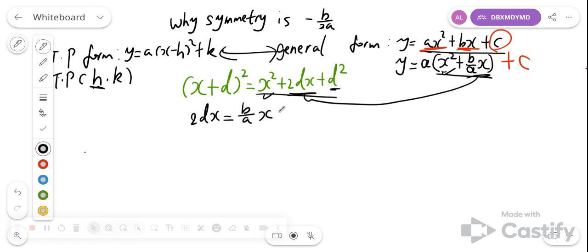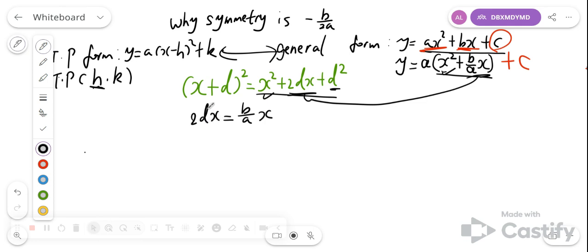And now we can do a little bit of calculation, a little bit of simplifying, and try to find d equals what. In this case, x and x can cancel out, because x is definitely a non-zero number. Because if it's 0, y equals c, and I don't need to go through all this trouble. So x is a non-zero number, which means we can divide both sides by x.